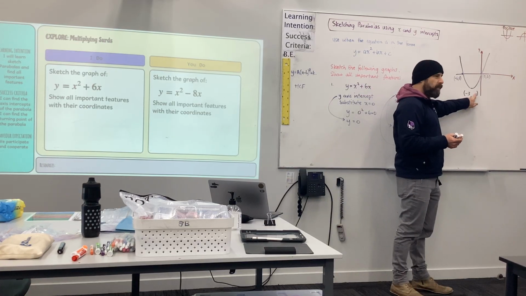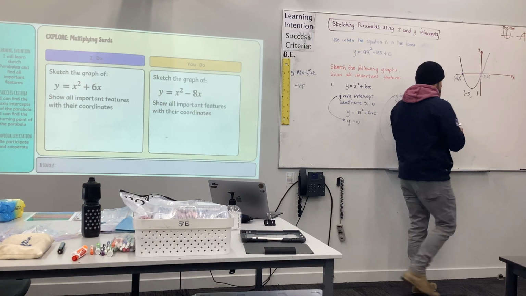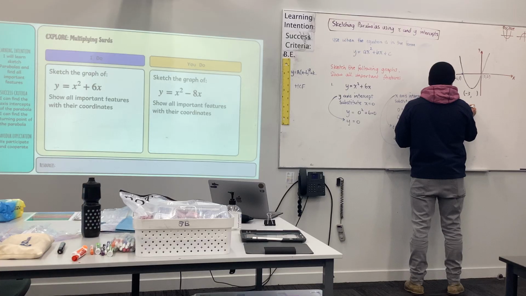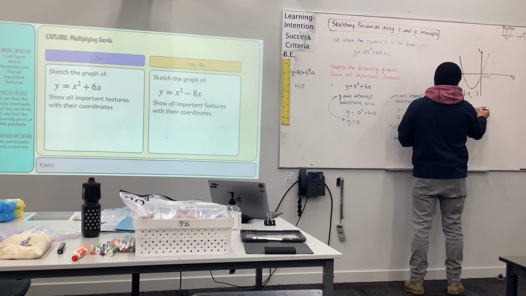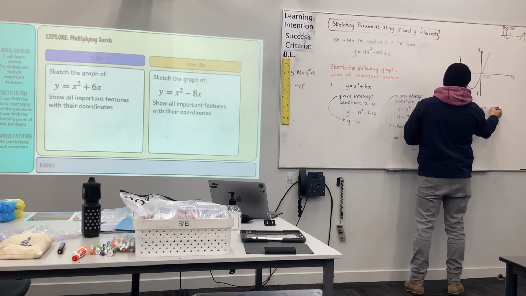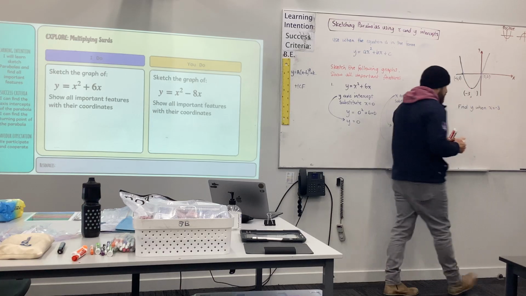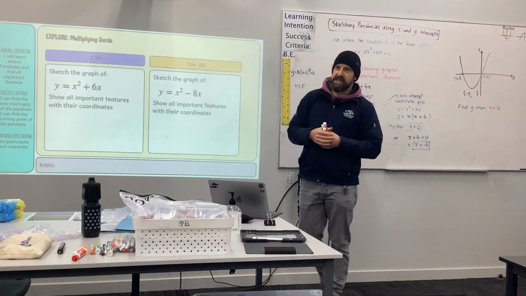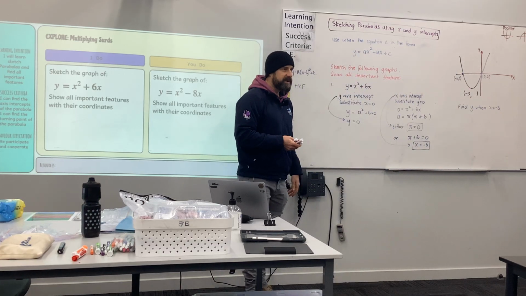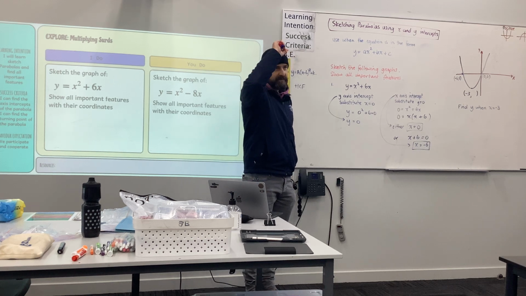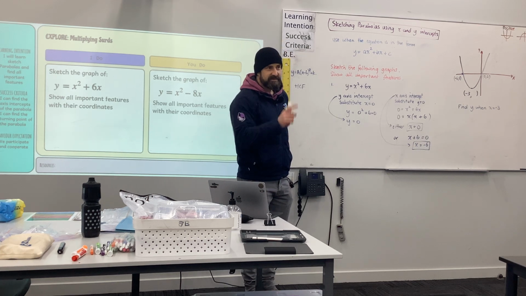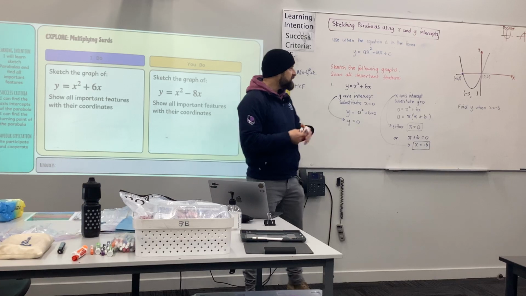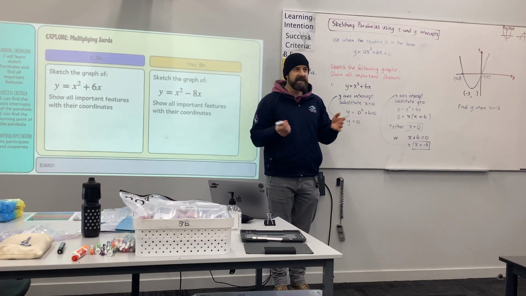I want to find out the y value when x is -3. Find y when x equals -3. Would anyone like to suggest how we find out what y is when we know x is -3? Peyton? You're 100% correct. We're just going to stick the x equals -3 into the equation.